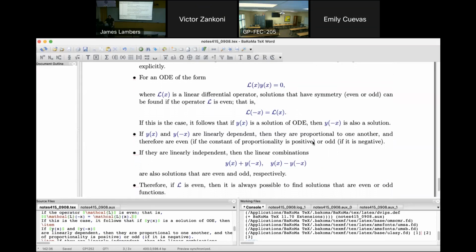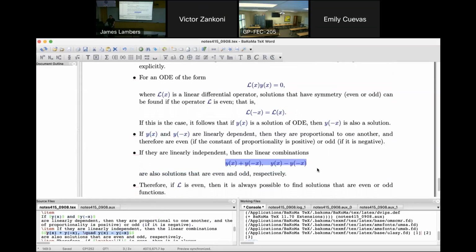Sorry, not necessarily linearly independent, like in this case, but in this case it would be. But yeah, so an even operator allows you to get even or odd solutions.